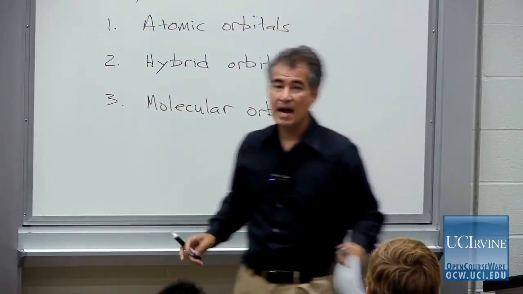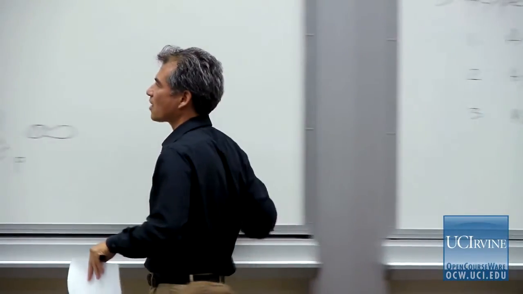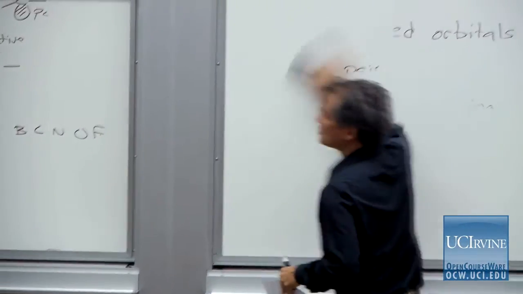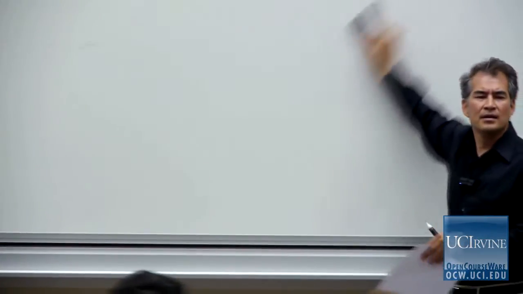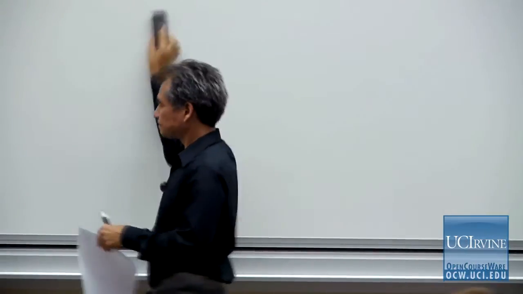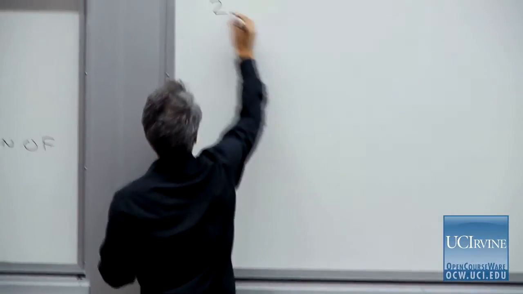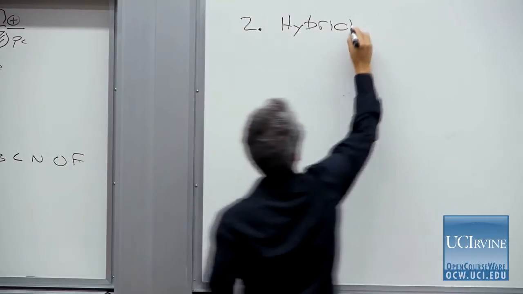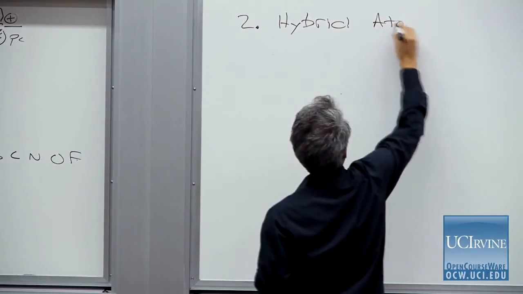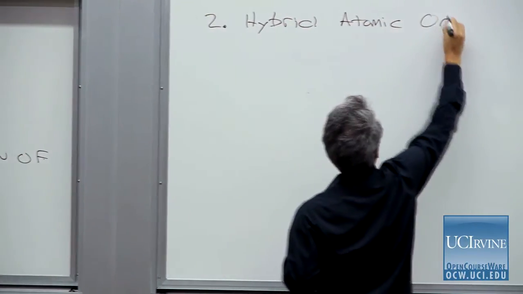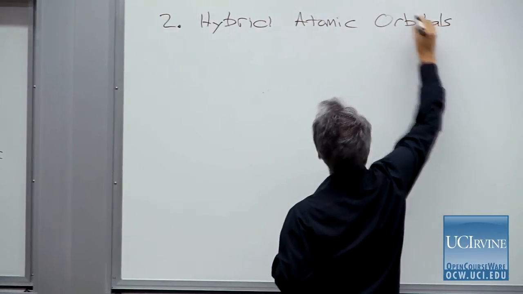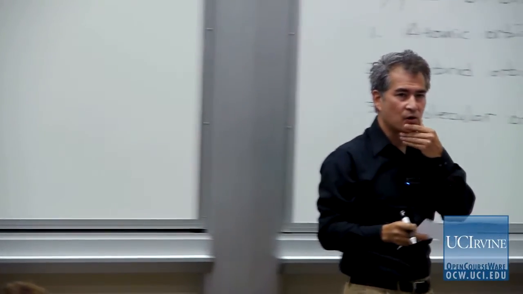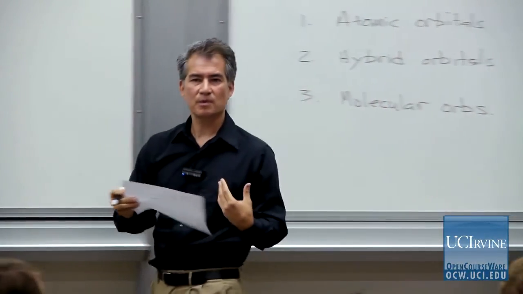Okay, so let's talk about hybrid atomic orbitals. We're done talking about just plain simple atomic orbitals, s, p, d, and f. Let's talk about what happens as we mix together different atomic orbitals. I'm going to give you a rule for mixing orbitals, for thinking about the way that orbitals mix together.